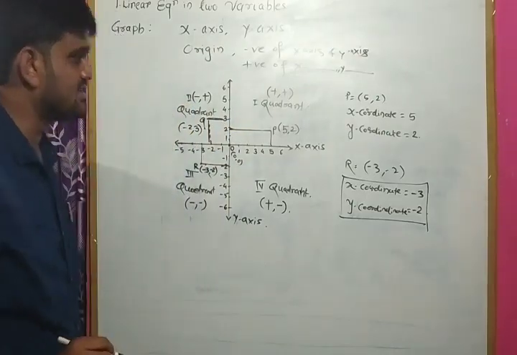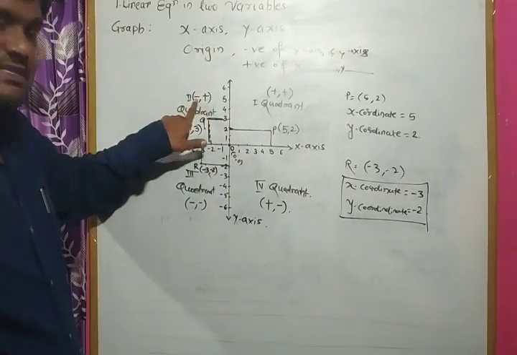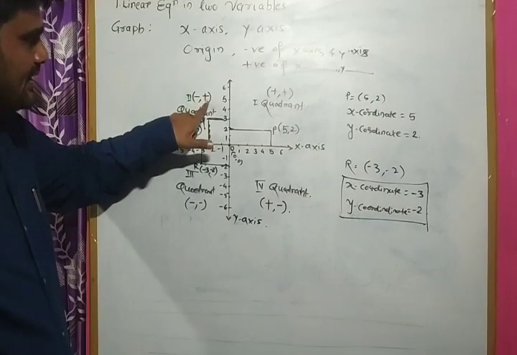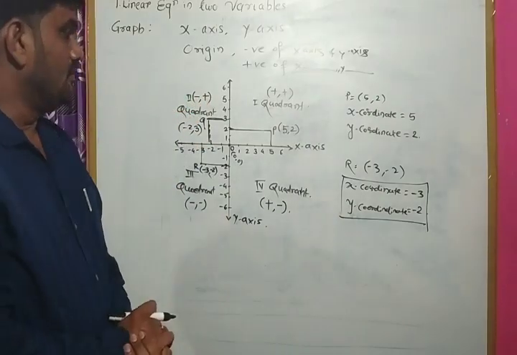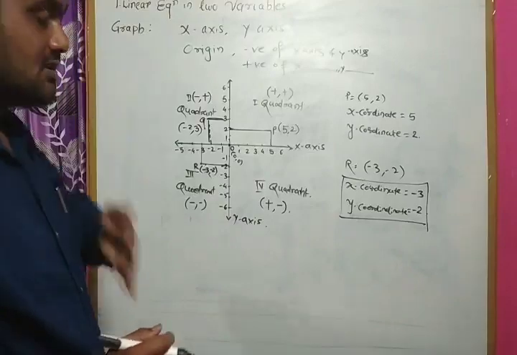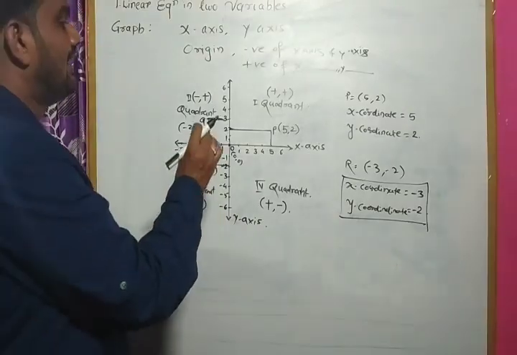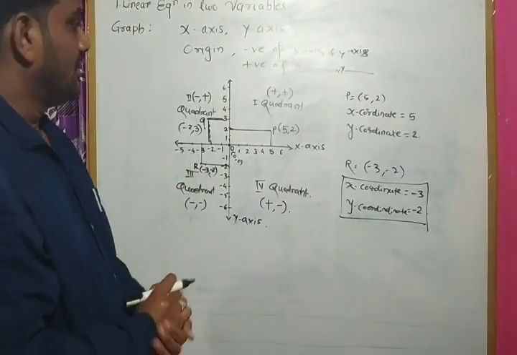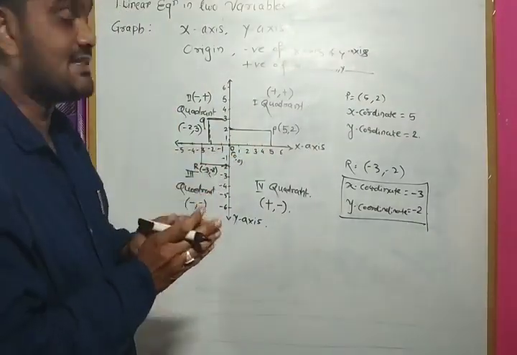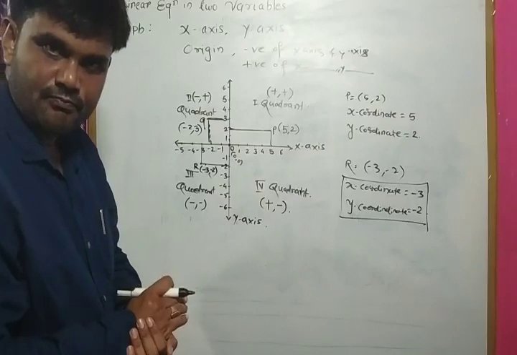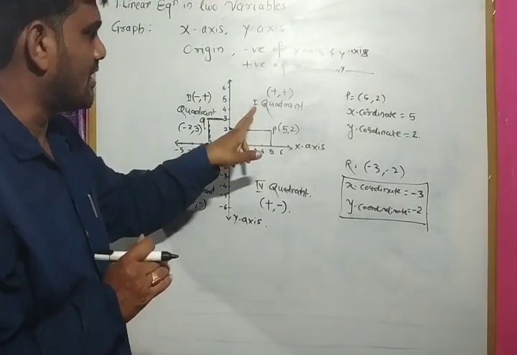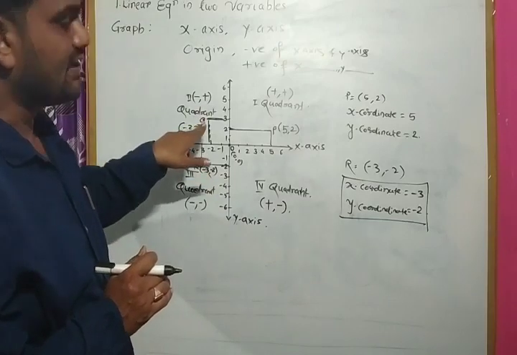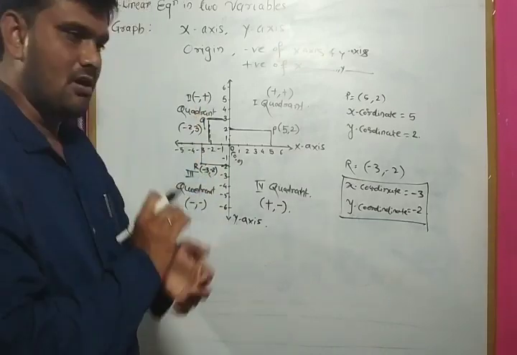You clearly see here this condition satisfies here, minus plus. Okay. Now suppose one of the points lies on the axis, then what will you do? Here you have seen that the point is lying in a quadrant, whether it is in the first quadrant, third quadrant, or second quadrant.